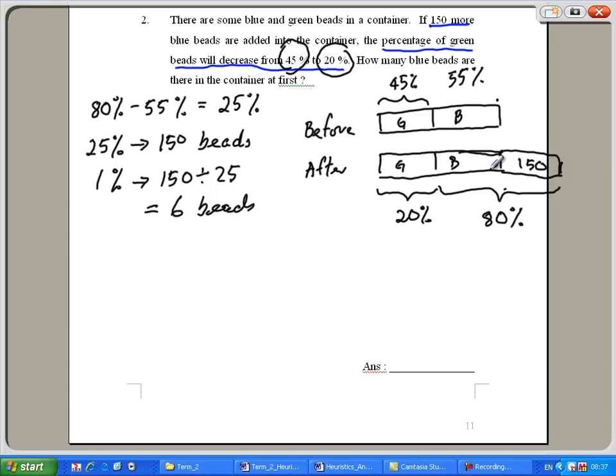So we need to find how many beads were there at first. That means this, or this is the same. So how many were there at first? This is 25%. This is 55%.